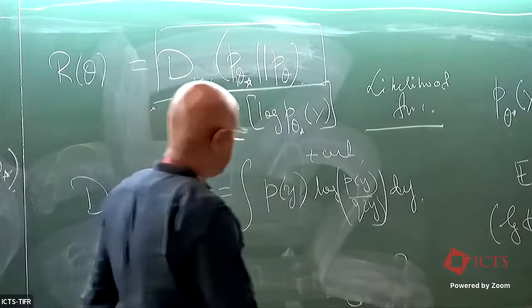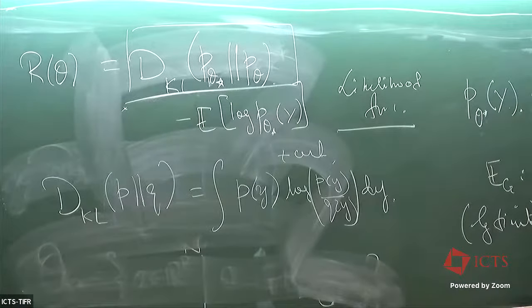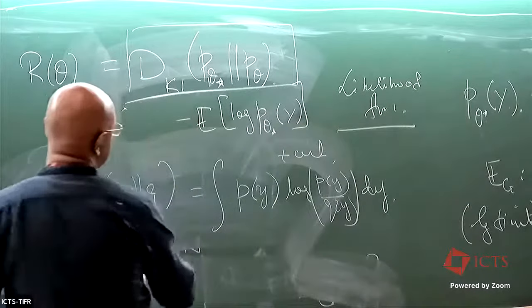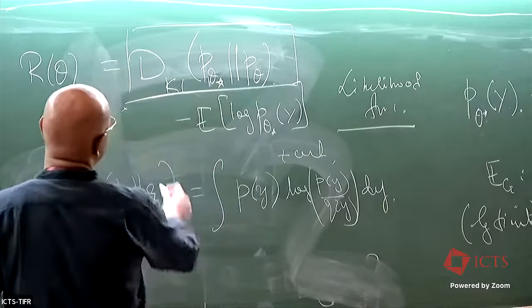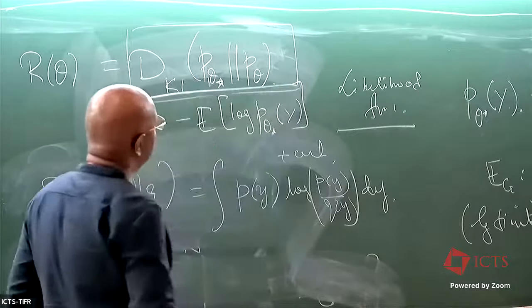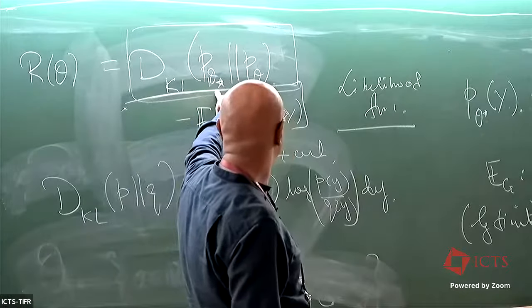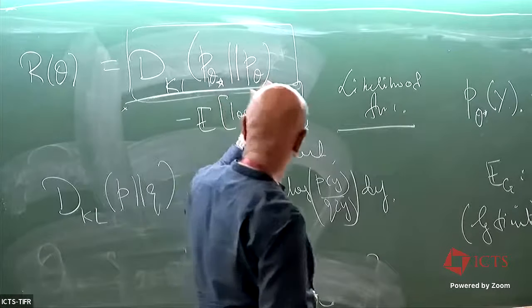It's almost a metric, but not quite. There is no symmetry, but it has many other good properties. In particular, this identifies the distribution. It is zero only if p theta and p theta star are the same, which under identifiability means that theta and theta star must be the same.